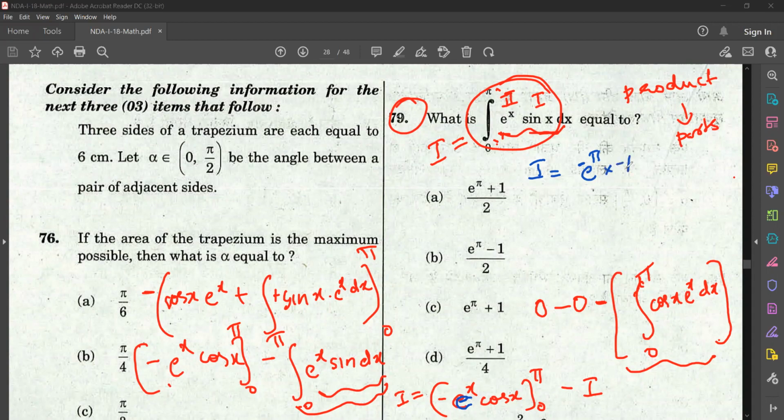That is minus 1. Minus e raised to 0, that is 1, minus 1, then cos 0 is 1. Then minus I is there.